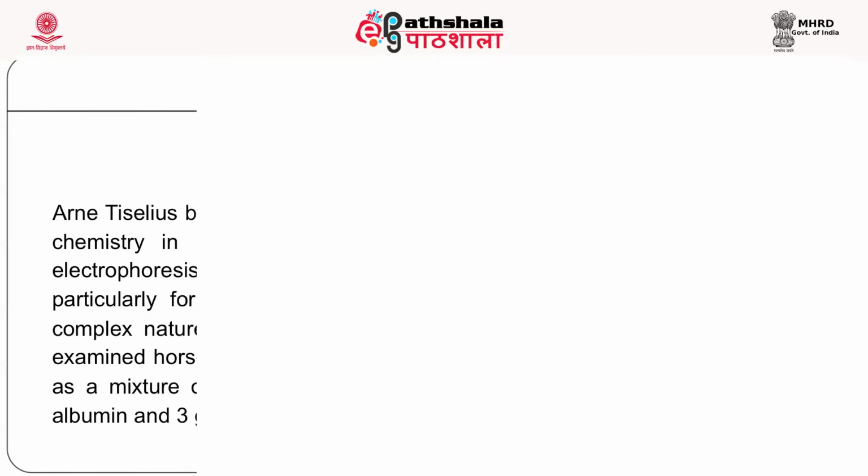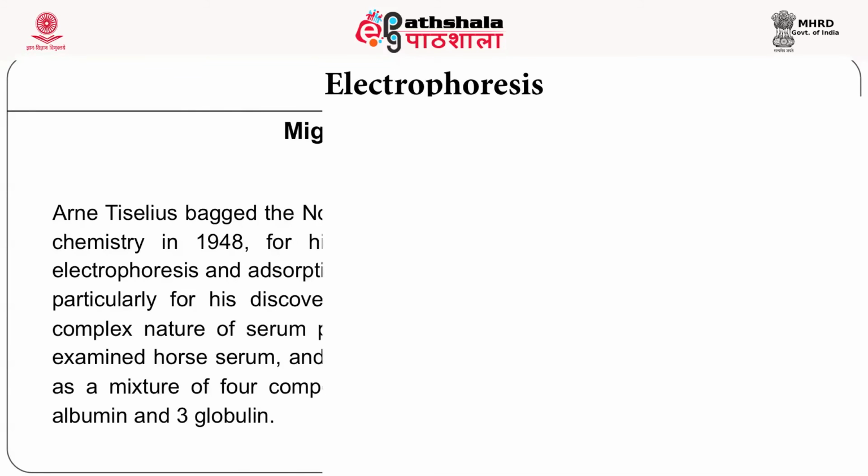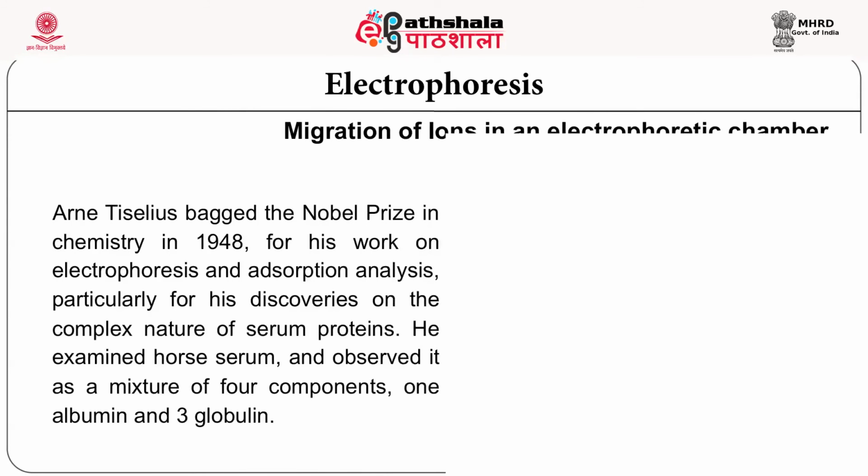Arne Tiselius bagged the Nobel Prize in Chemistry way back in 1948 for his work on electrophoresis and adsorption analysis, particularly for his discoveries on the complex nature of serum proteins. He examined horse serum and observed it as a mixture of 4 components, 1 albumin and 3 globulin.